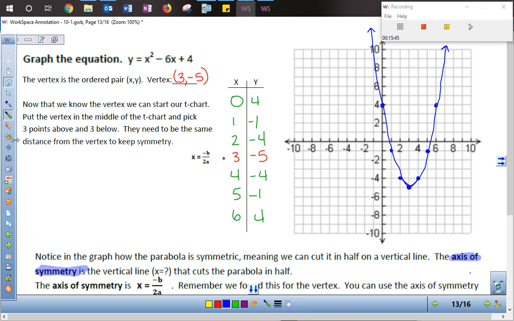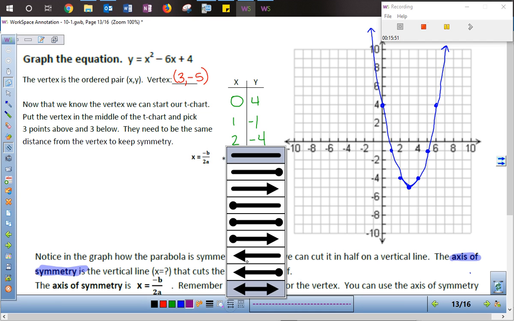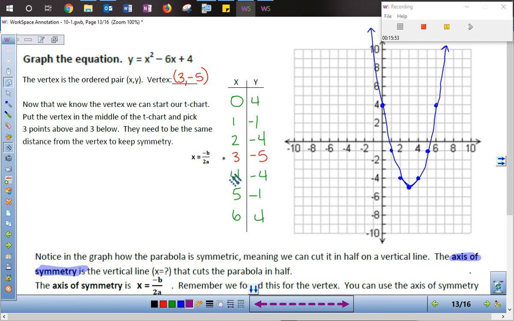It is the vertical line that cuts it straight in half. So we're going to go ahead and graph that vertical line. So I need you to graph a dashed vertical line straight down the center of your parabola. And notice it will go straight through your vertex. And again, this is called the axis of symmetry.